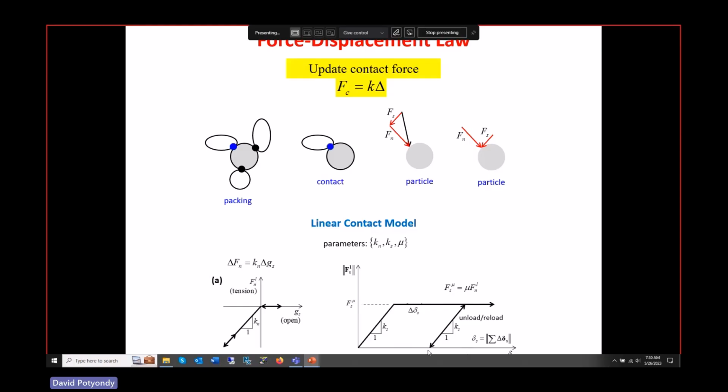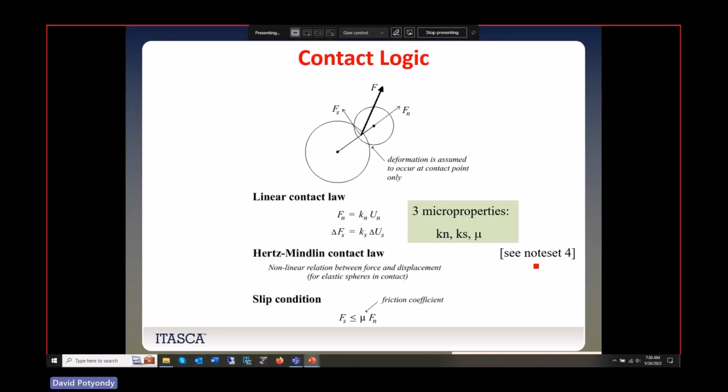Just like in your skin, you slide for a while, now you start going the other way. First it's going to elastically unload, using the same slope, and then it would start going like this. And then if you loaded it up, you'd come back. This is the behavior of this simple linear contact model. 3 parameters: Kn, Ks, and friction coefficient.